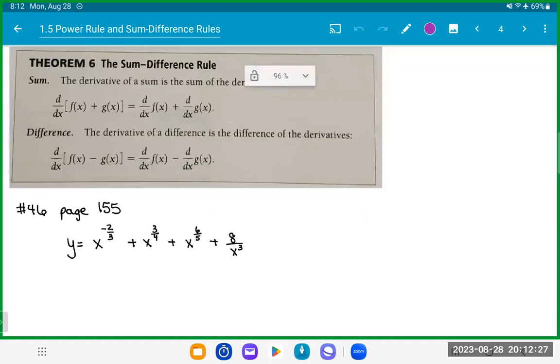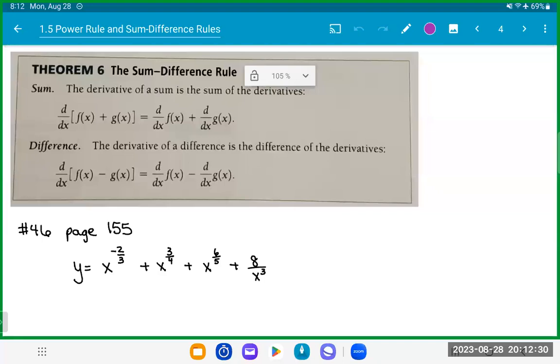So now we're going to move into what's called the sum difference rule. What that's telling me is if I have two functions, if I want to take the derivative of function f plus function g, that's the same as the derivative of function f plus the derivative of function g. And it's the same if you're minusing off as well. Okay.